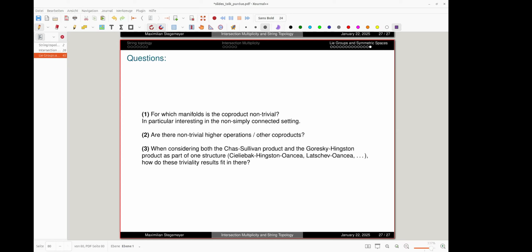Going back to energy versus intersection: intersection is like a topological complexity, and energy is a geometric complexity. The best you could ever hope for is that the geometric complexity gives an upper bound for the topological complexity.